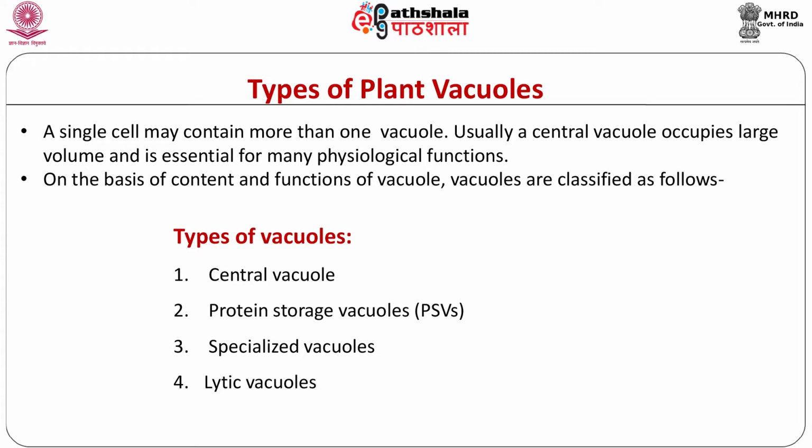Usually, a central vacuole occupies a large volume and is essential for many physiological functions. On the basis of content and functions, vacuoles are classified as follows: first, central vacuole; second, protein storage vacuole; third, specialized vacuole; and fourth, lytic vacuoles.